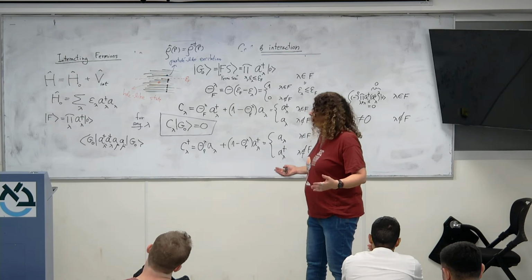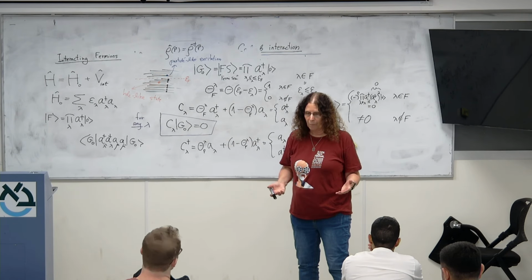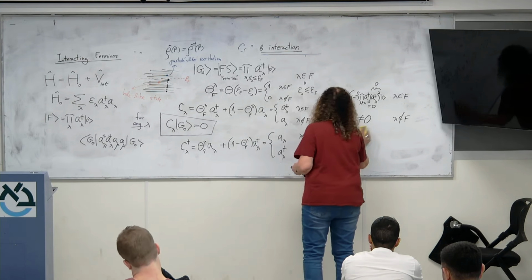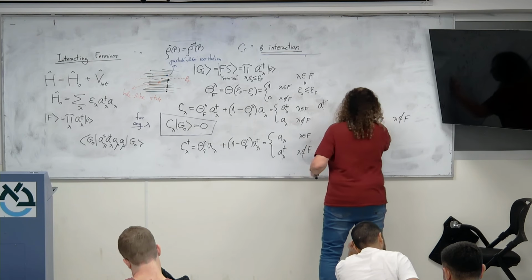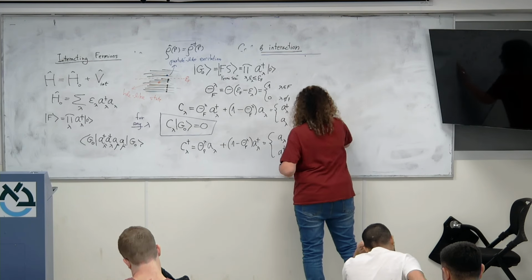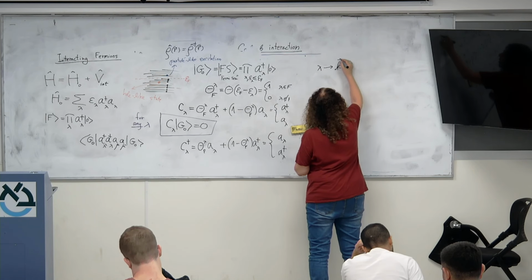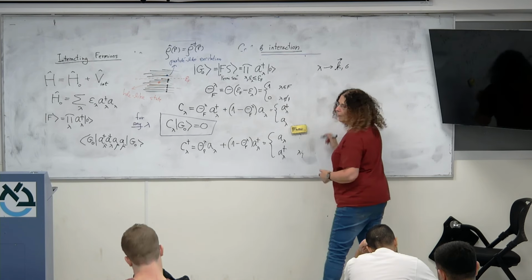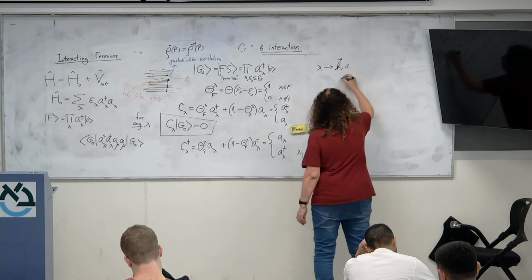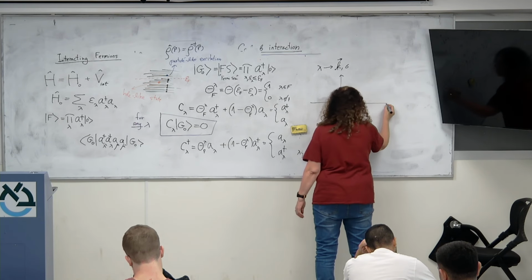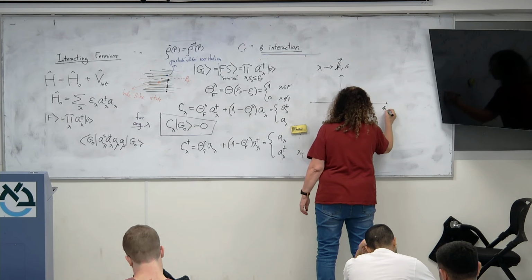And this is what we call a Fermi sphere. So the ground state is really for the case where lambda is our K and sigma. We can visualize the ground state in K space.